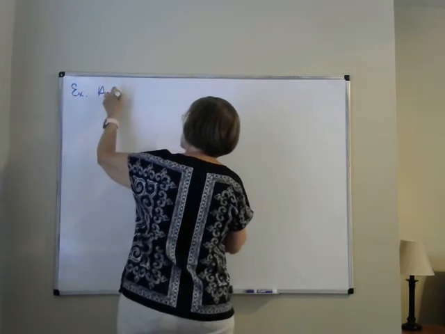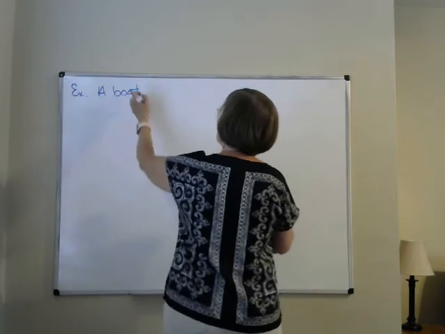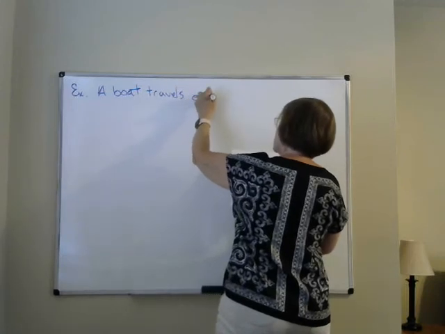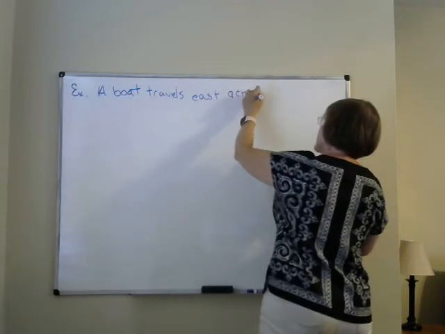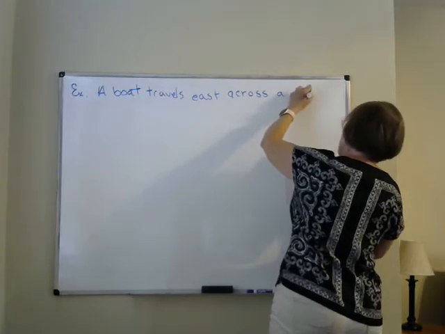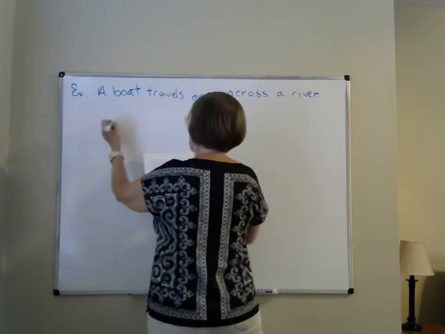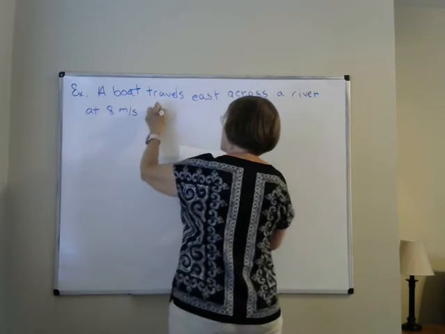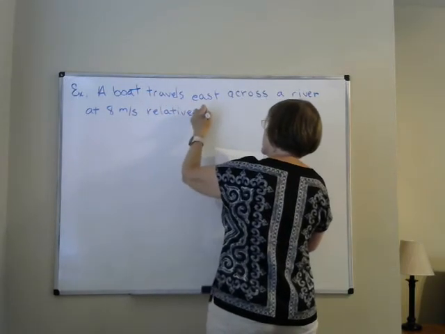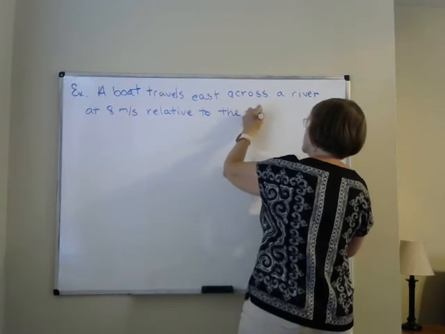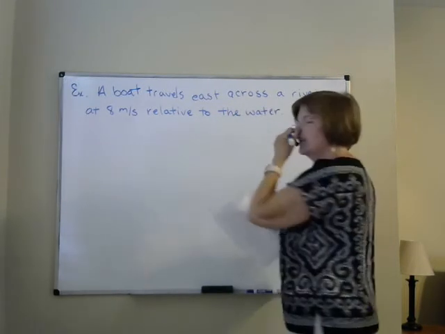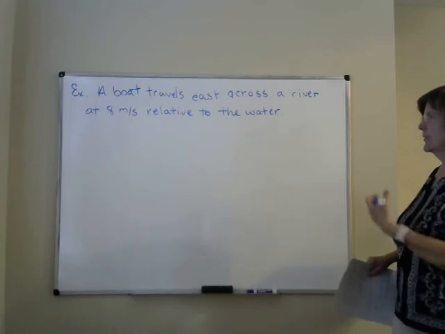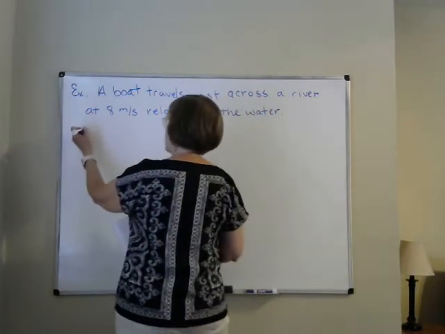Suppose a boat travels east across a river at 8 meters per second relative to the water. In other words, if it was in still water, the water wasn't moving, he'd be traveling 8 meters per second. However, the water is moving.